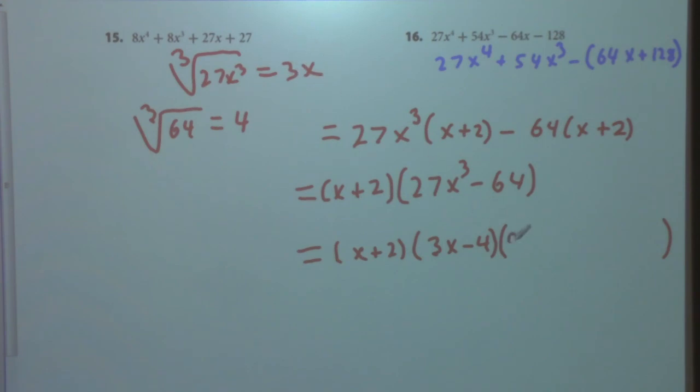So 9x squared, plus this times this, 3x times 4, which is 12x, and then plus 4 squared, which is 16. So that's going to be your fully factored form of that.